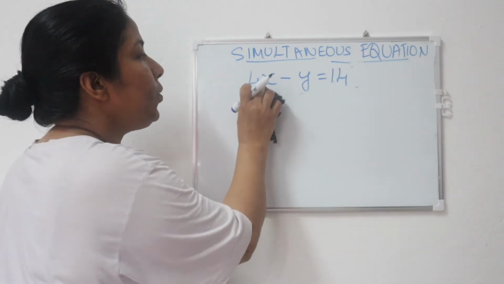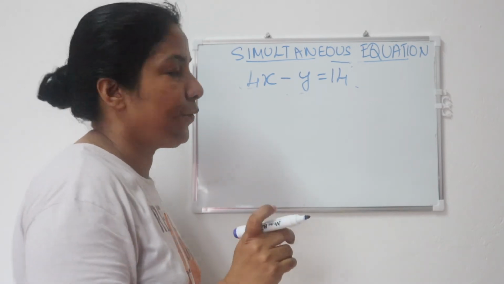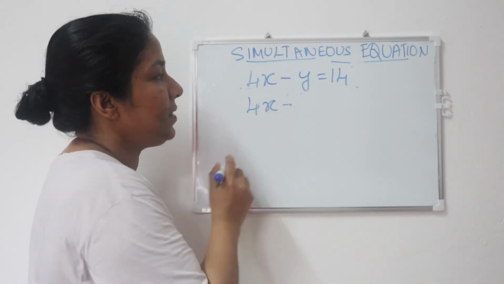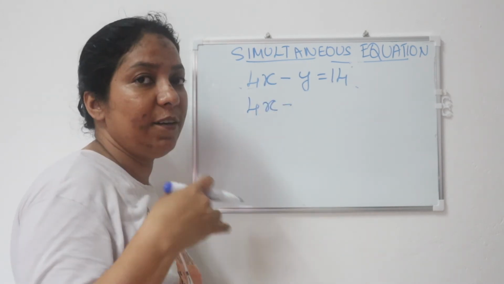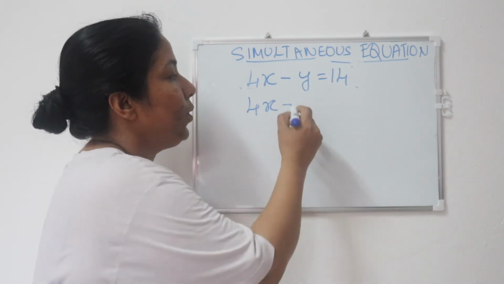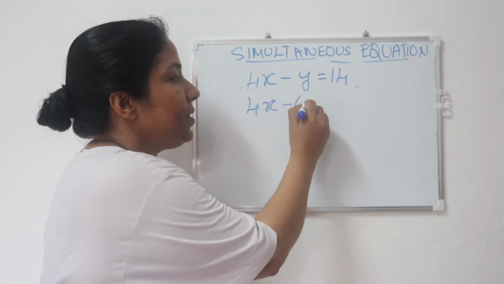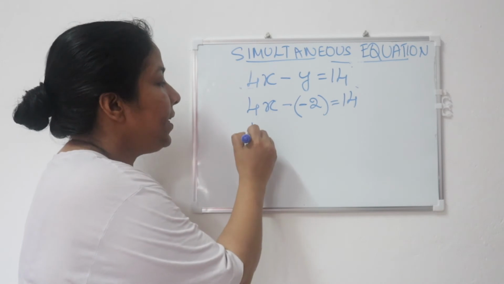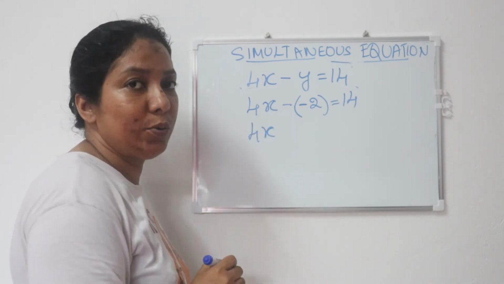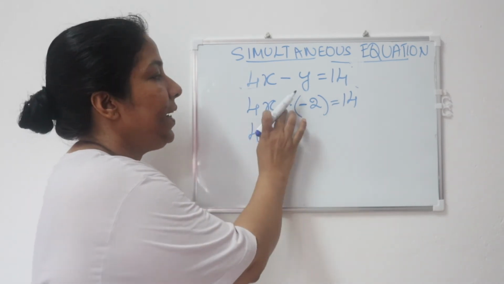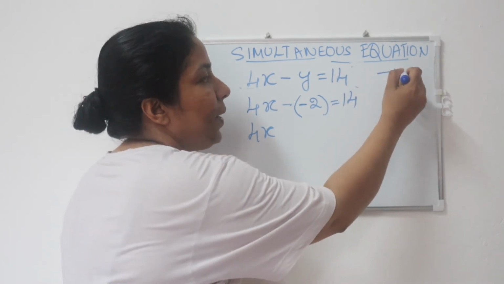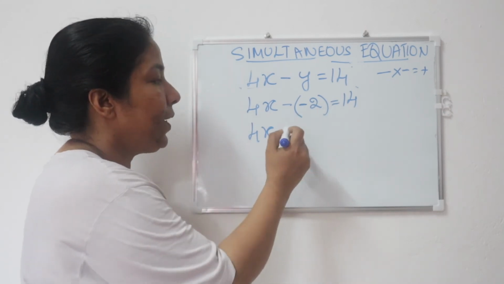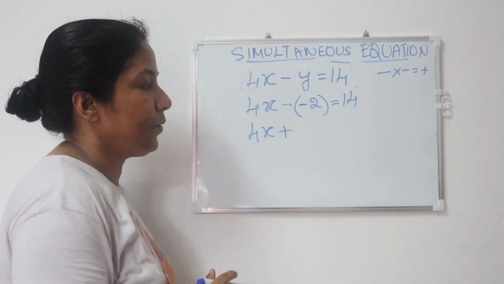I am going to substitute in the first equation, that is 4x minus y, where y is equal to negative 2. So substitute the y value negative 2, that equals 14. That is 4x, recall the rule, negative times negative will become positive.